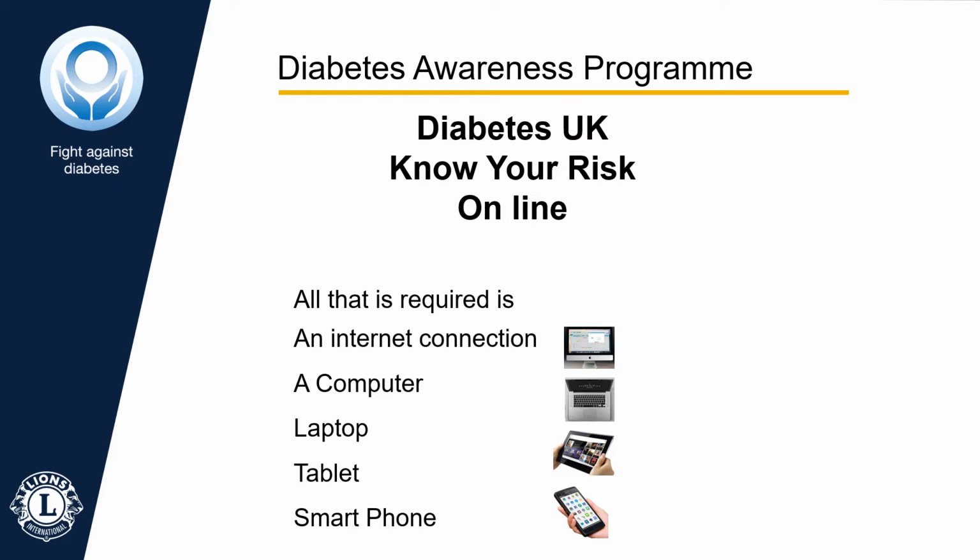All that is required is a set of scales, a tape measure, and internet access for your computer or laptop or tablet or smartphone, as you can use any of these devices.